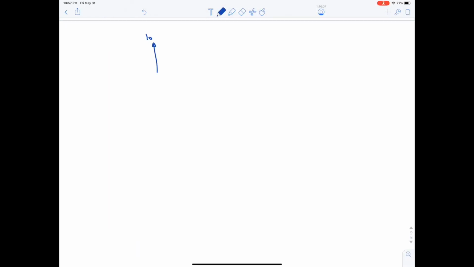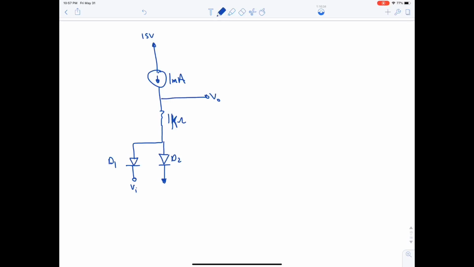Here it's 15, 1 milliampere, 1 kilo ohm, D1, another diode D2. Okay, this is grounded and this is VI. We need to plot V output.